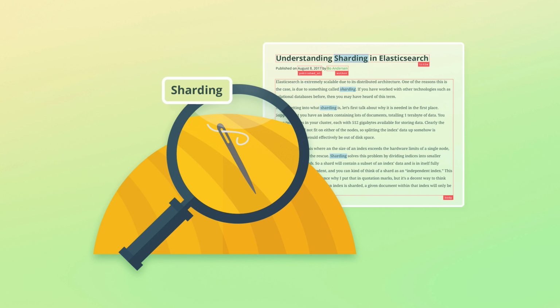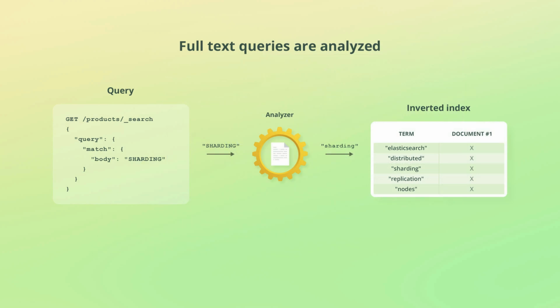Now that you know what full-text queries are used for, let's take a look at how they actually work. That should also make it more clear how they differ from term-level queries. One of the most important things to know about full-text queries is that the query is analyzed. Suppose that we are searching the body field for sharding. When processing the query, Elasticsearch will inspect the mapping for the field.